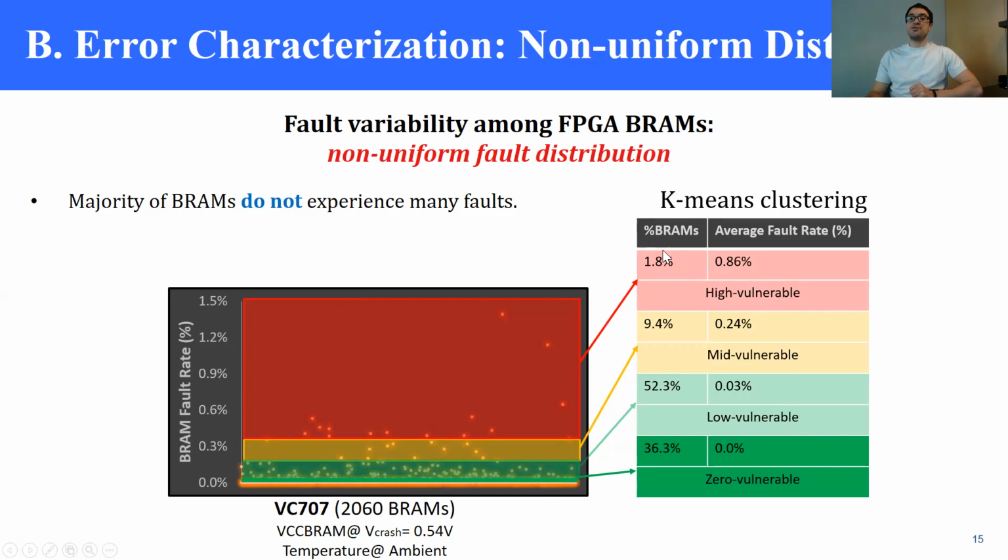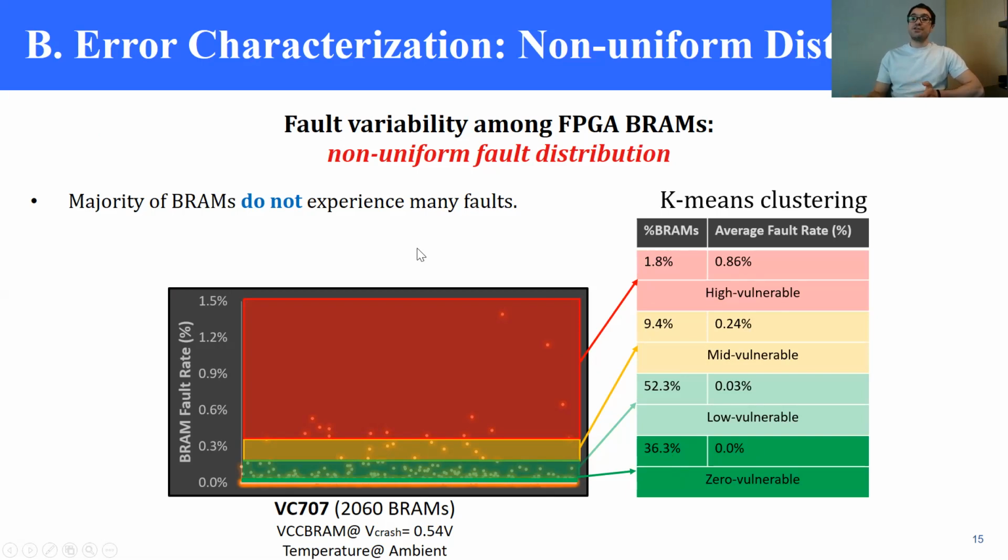For example, a small percentage of the memories, in this case 1.8% of them, experience the biggest part of the errors: 86% of the errors occur in only 2% of the block RAMs. And there are even some block RAMs that basically never experience faults. This is a very good point because it can be used for smart mapping of data to different SRAM blocks.